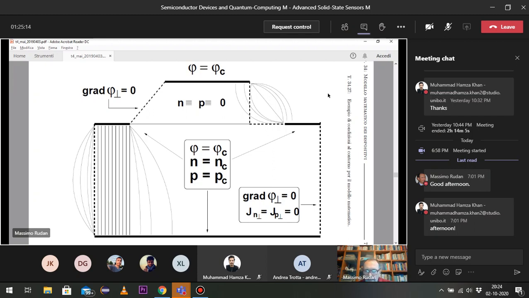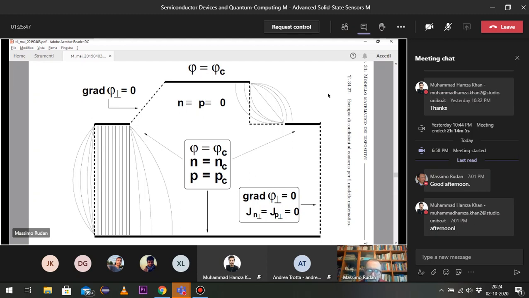So what is left is now the discussion about the insulating boundaries, okay? At the insulating boundaries, we can state that no current is crossing the insulating boundaries, okay? You remember the discussion 1 hour ago, okay? So we may say that the normal component of Jn and Jp, you can see it in the figure, is 0 at the insulating boundary.